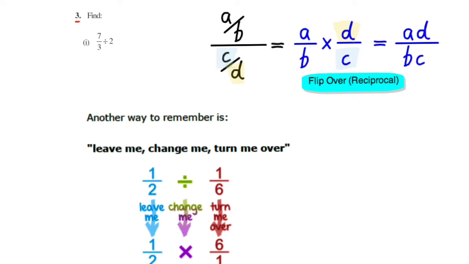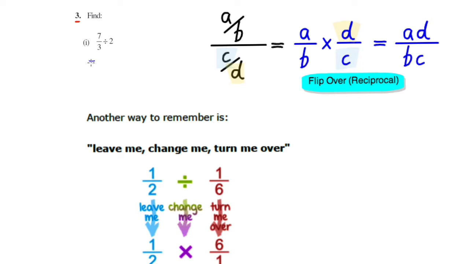These things we have also done in yesterday's class. I have also told you how to remember this in the best possible way. Just leave the first part, change the sign and turn the second part. So moving to the first part, we need to divide 7 over 3 by 2.